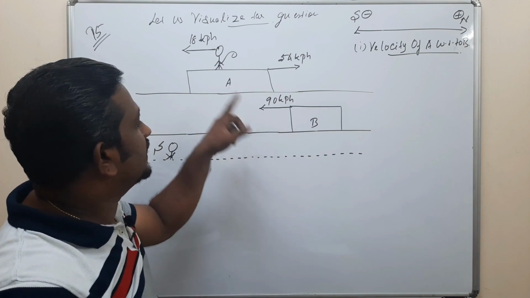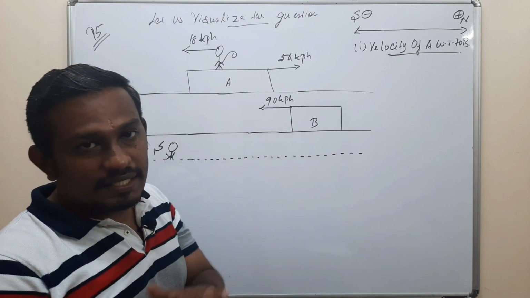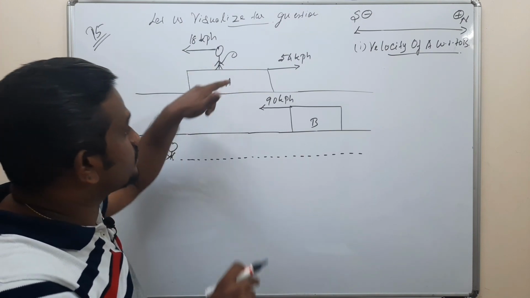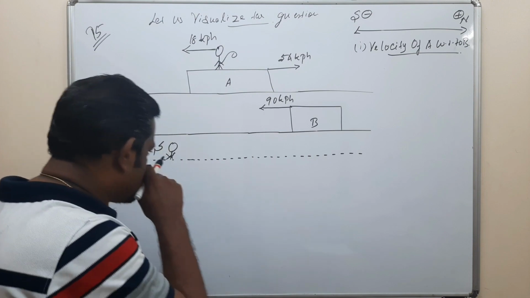So the velocity of train A and the velocity of train B are in the ground frame. This speed of 18 kph is with respect to this train only.